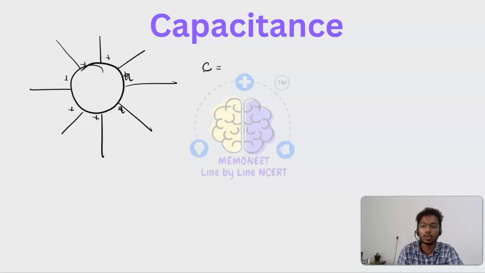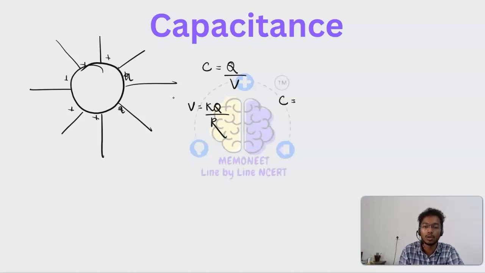Capacitor means the capacity to hold the charge, that is C is equal to Q upon V. For a spherical shell, the potential is equal to KQ upon R. So what will be the capacitance?